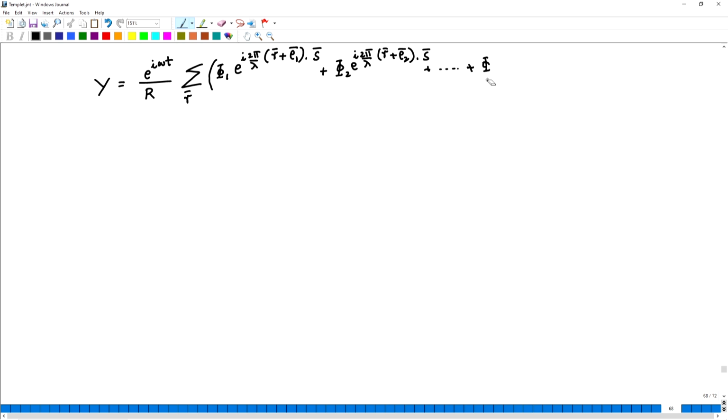Phi m e to power i 2 pi upon lambda r plus rho m dotted with the vector S. So, this is how this equation will change, but you can see now that I can decompose this bracketed term into two different terms. I could take e to power i 2 pi upon lambda times r dot S as a common factor in each of these terms.